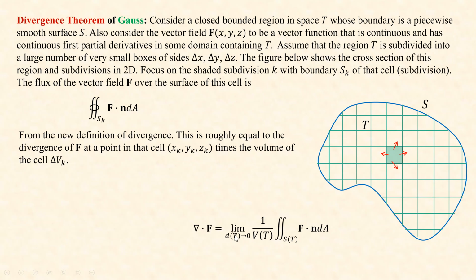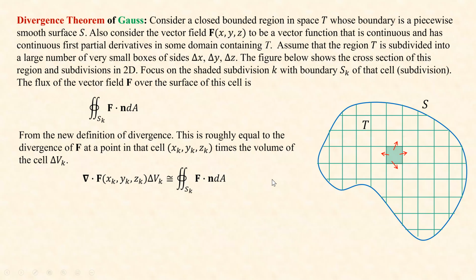So take out the limit. If the volume is small enough, it is almost the same. So the surface integral becomes divergence of F at some point in that volume times the volume. All right. So we say this surface integral over SK is roughly equal to divergence of F at that point xk, yk, zk times delta Vk, which is the volume of that cell.